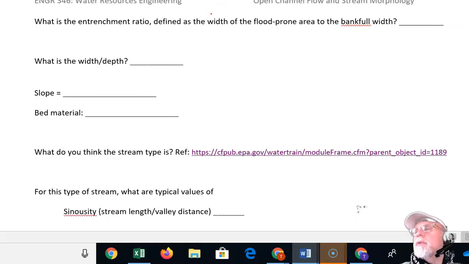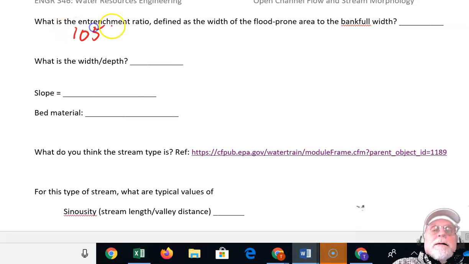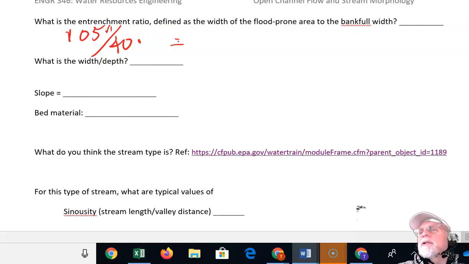The flood-prone width was 105 feet, divided by 40 feet, so that's 2.6.